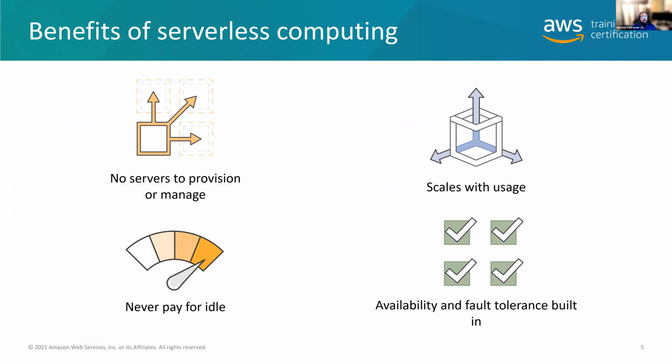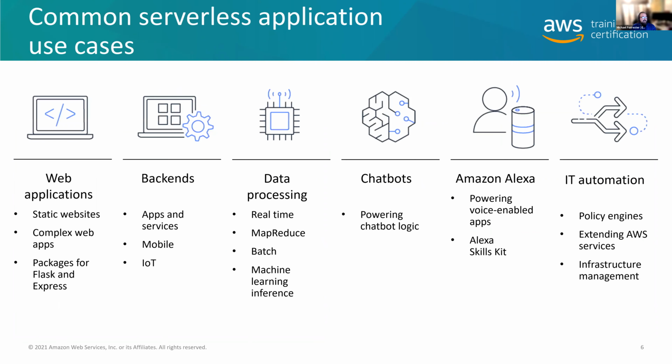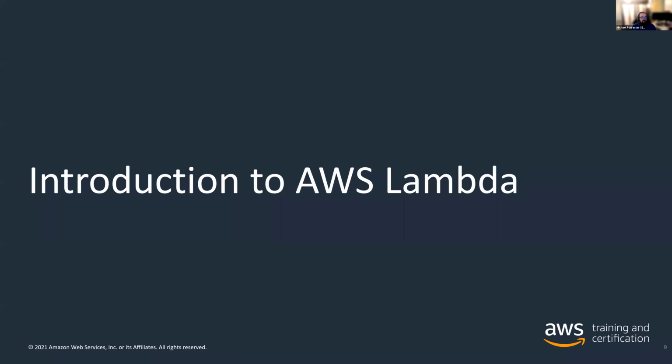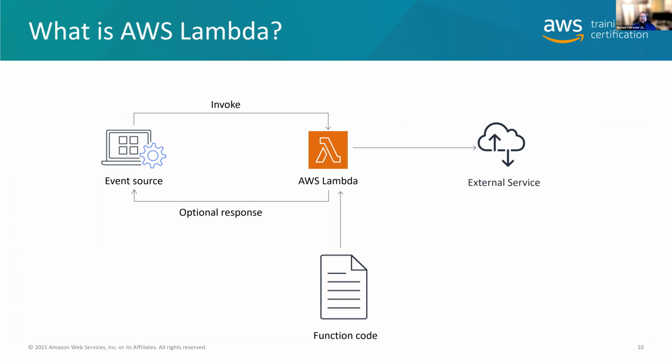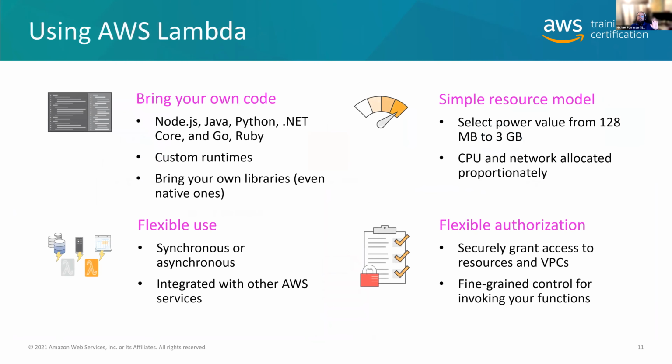So Amazon has a product called Lambda, and I'm just going to switch over to this really quick. Lambda is basically an example of a serverless service, in a sense. What Lambda does is you just bring your own code. And by the way, it's packaged in a zip file. This isn't packaged as a container.